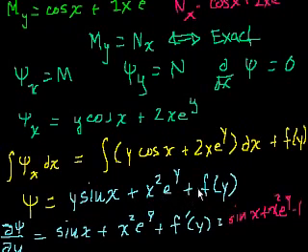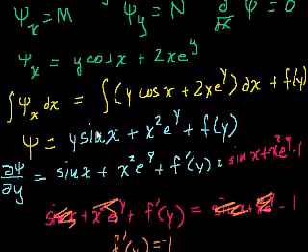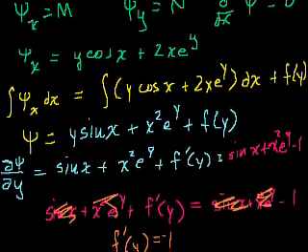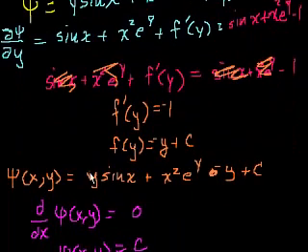But instead of a plus c, it could have been a function of y there, because we took the partial with respect to x, and this might have been lost. To figure out the function of y, we took the partial of our xi with respect to y, got this, and we set it equal to our N of x, y. We solved for f of y, and then we had our final xi.